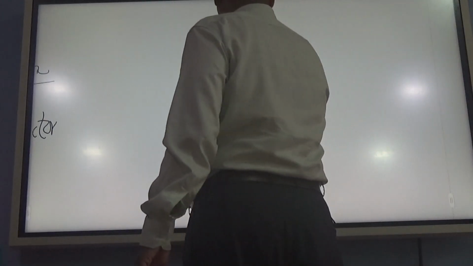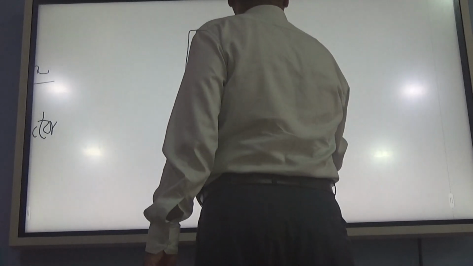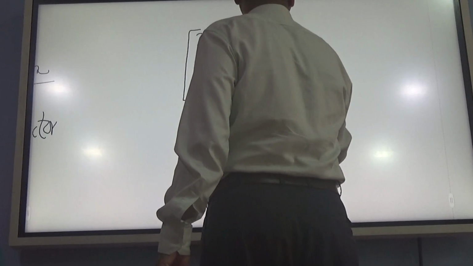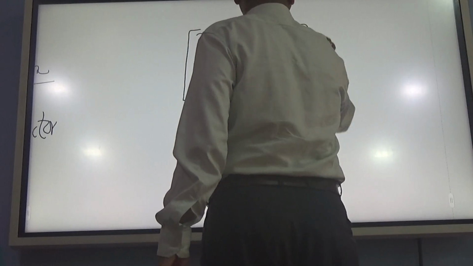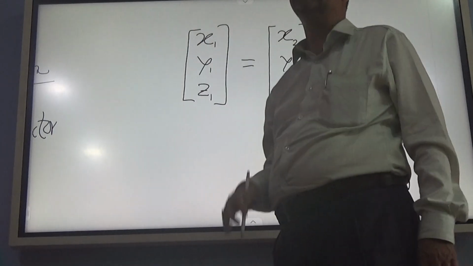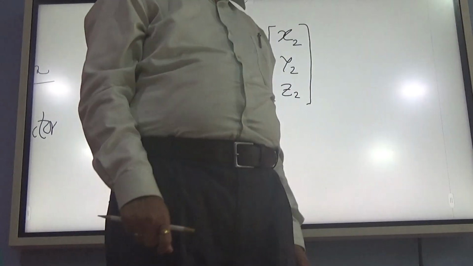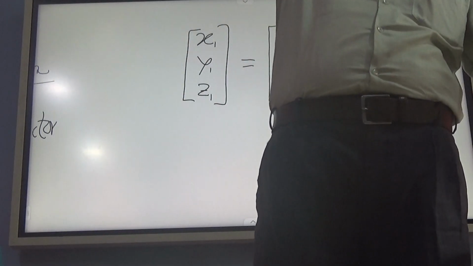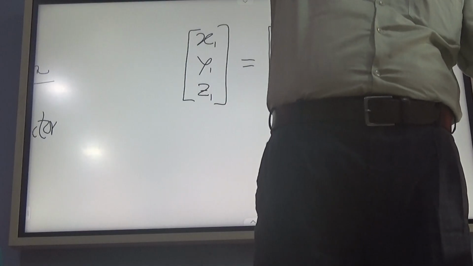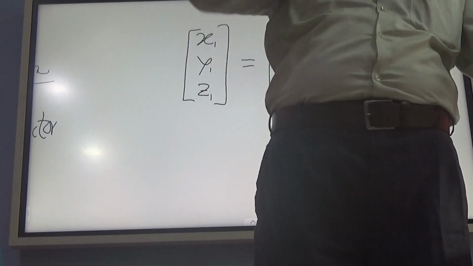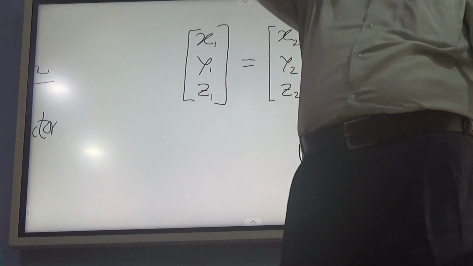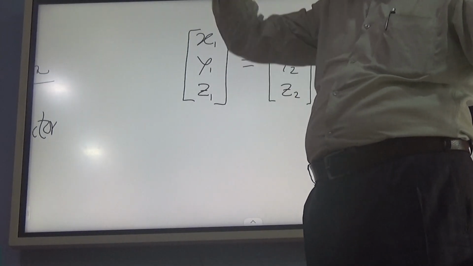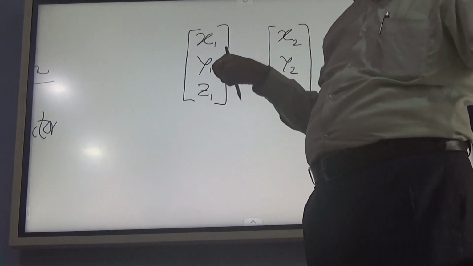Now, some kind of transformation will lead it into x2, y2, z2. So what is the ultimate transform? This is the input domain and the output domain; this point is mapped to some other point. Right? This point is mapped to some other point.